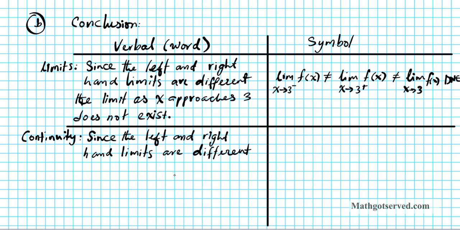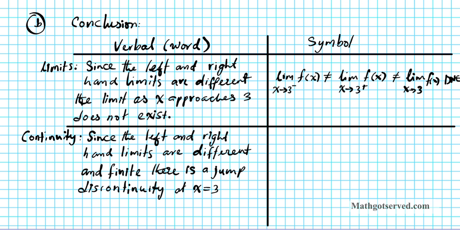But if one or both of them are infinite, then we have an infinite discontinuity at that point, okay? But since the left and right hand limits are different and finite, that tells us that there is a jump discontinuity at x equals 3.